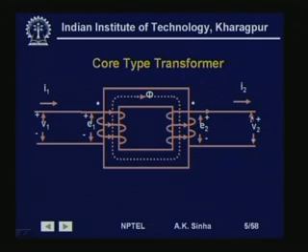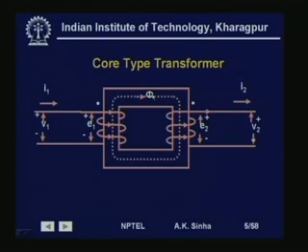So, whenever we connect a load here and the current starts flowing, we get a reflected current to start flowing from this side also, to balance the flux which is trying to oppose the flux in the core. So, basically the operation of a transformer is that of a constant flux. Constant means it is a time varying flux, but constant in magnitude as far as the phasor is concerned.